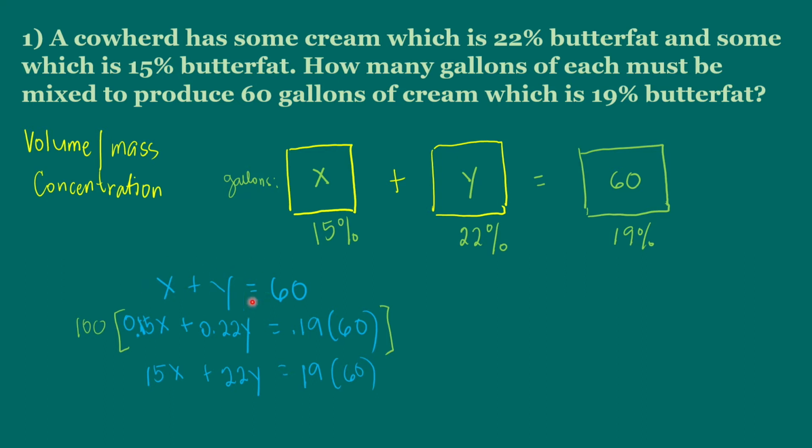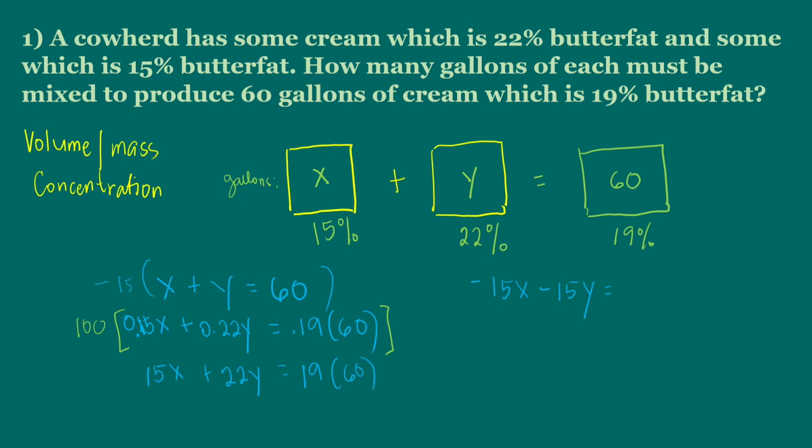So let us multiply this by negative 15. The first equation, x plus y equals 60. So that will give us negative 15x minus 15y equals negative 15 times 60.